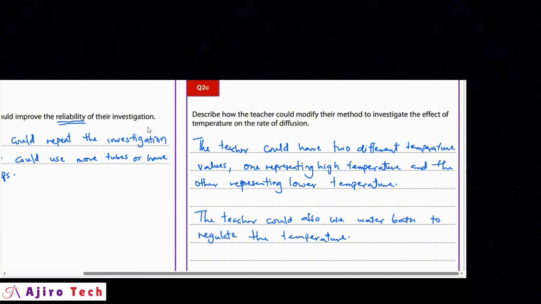Yes. So that is that. So these are what the teacher could do to find a method to keep the temperature constant.